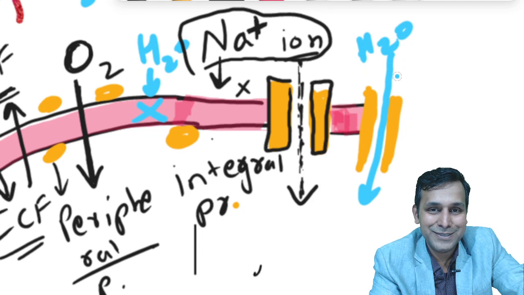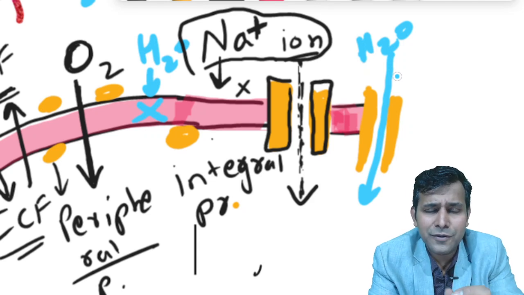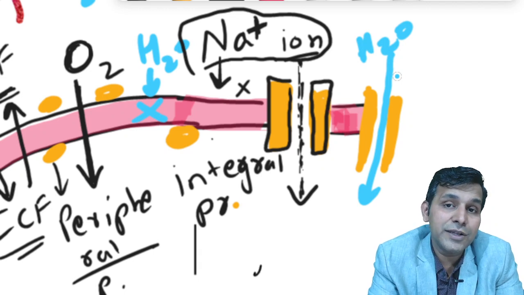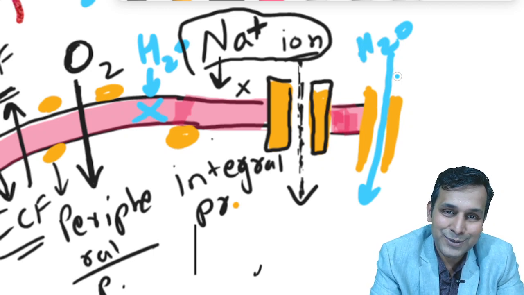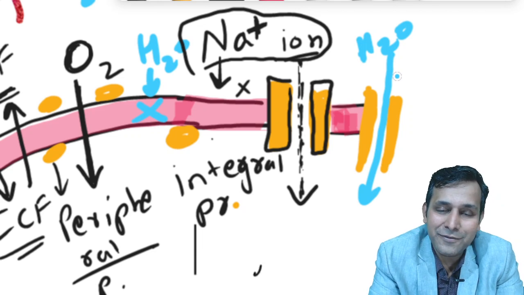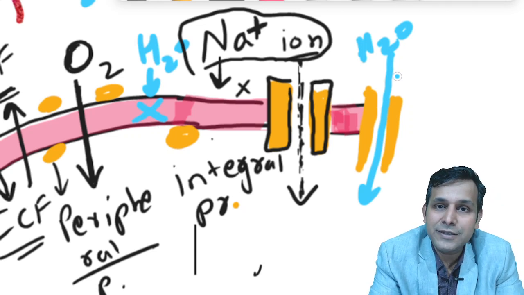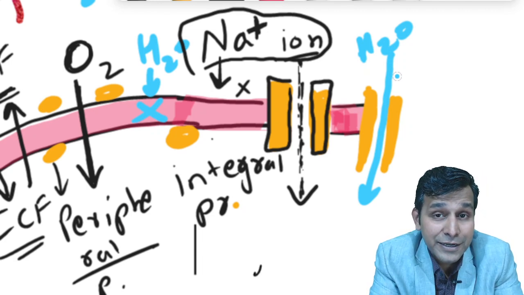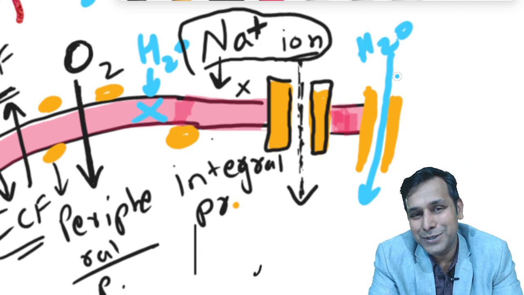These are very important things which you need to remember when we will be discussing transport across the membrane. The cell membrane has a very dynamic structure in which the cell can stay inside the water, but also it can protect itself from the harmful effects of water.